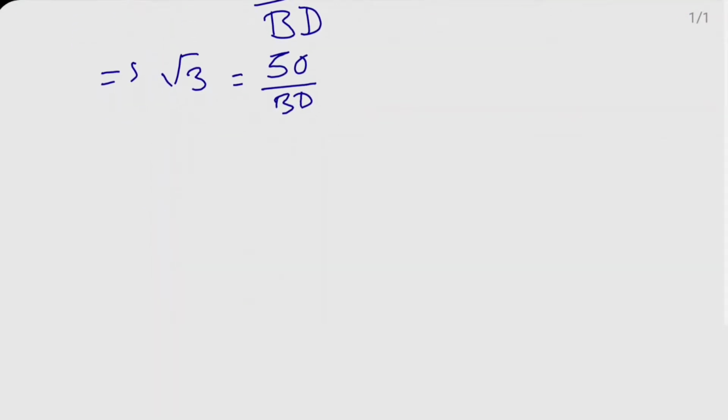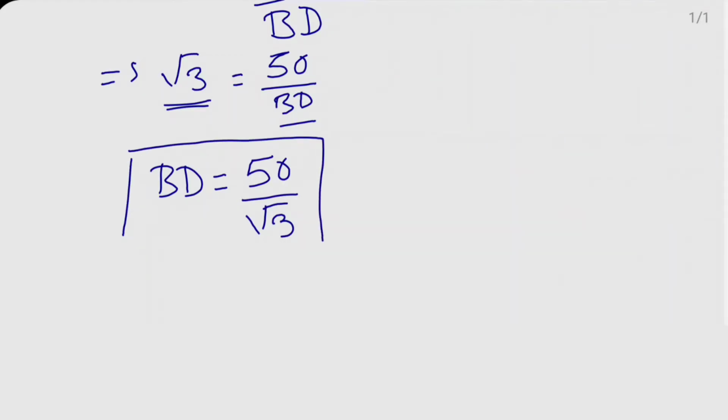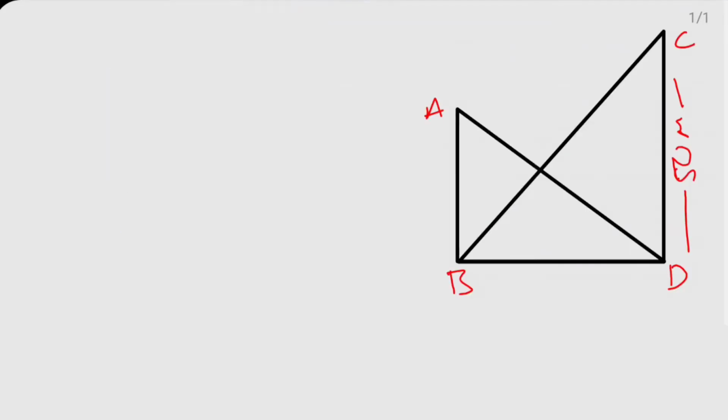And now BD comes to the LHS, it becomes a multiplication. So BD equals, root 3 goes to the RHS, it becomes a division, 50 divided by root 3. So it is our BD. So here we found BD, that is 50 by root 3.